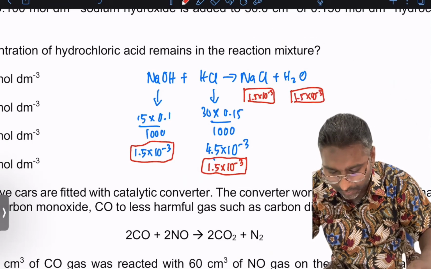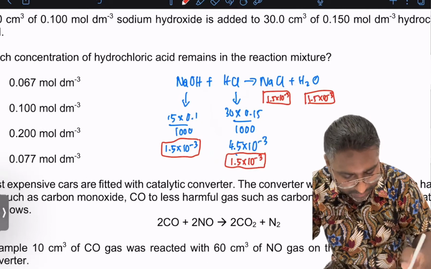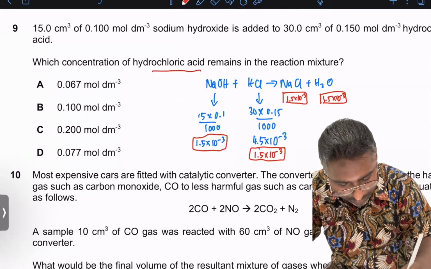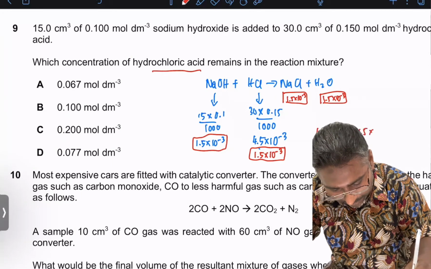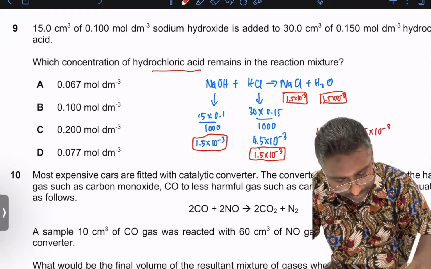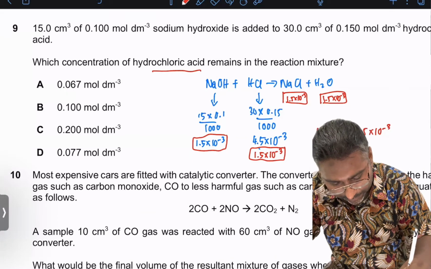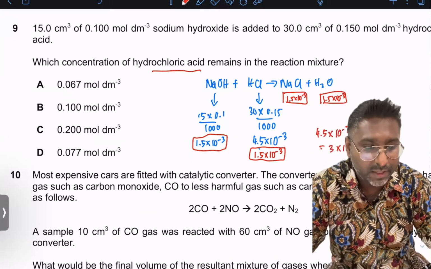They ask about the remaining hydrochloric acid. The remaining is 4.5 times 10 negative 3 minus 1.5 times 10 negative 3, the amount that reacted. So you are going to get 3 times 10 negative 3. This is still in number of moles.